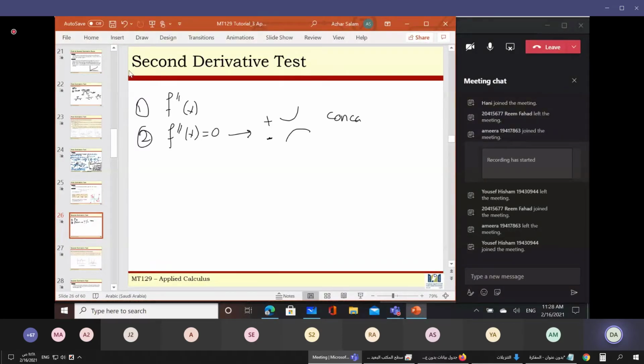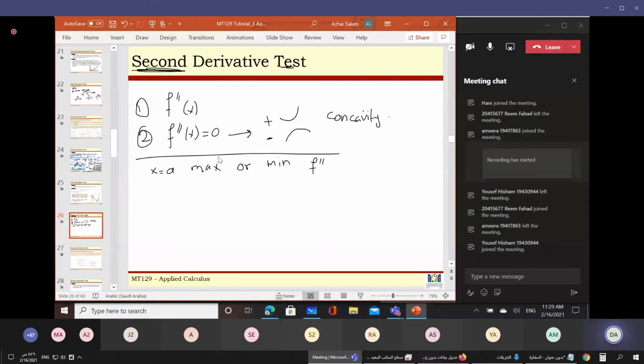There is another use for the second derivative. I call it the second derivative test. Okay, this is concavity. Here I can find, if I have a point, for example, x equals a, if it's maximum or minimum, I can find whether it's maximum or minimum using f double dash of x.